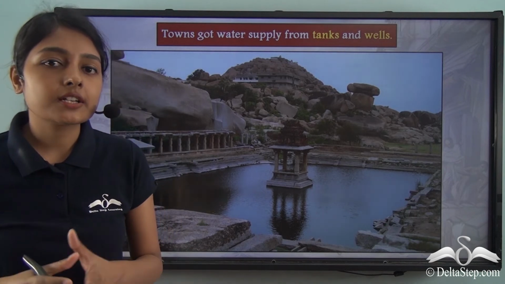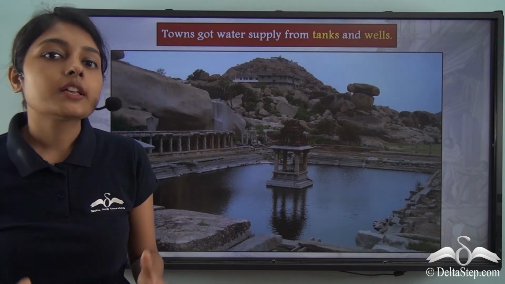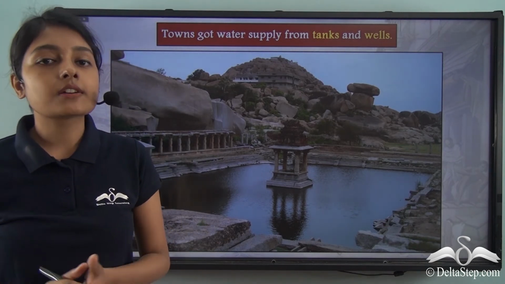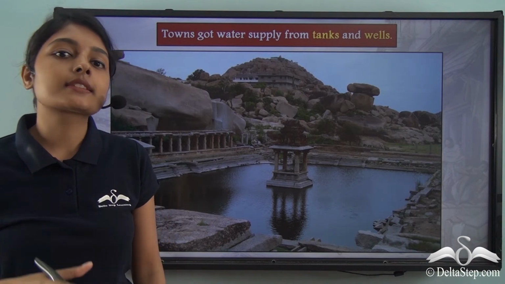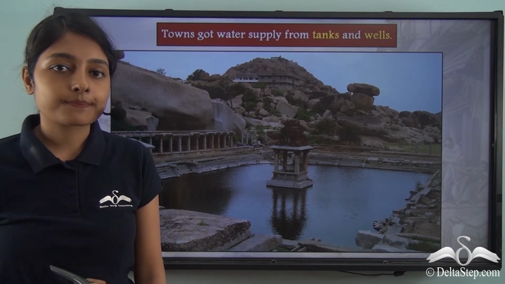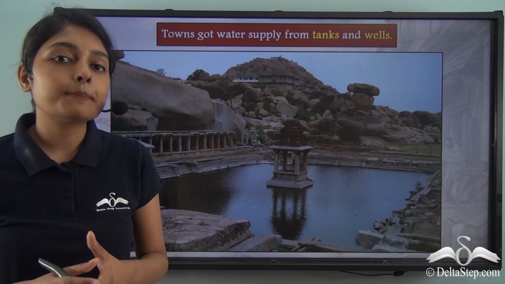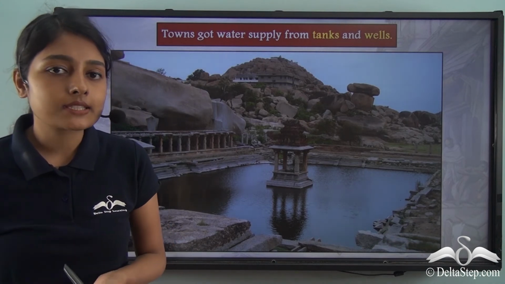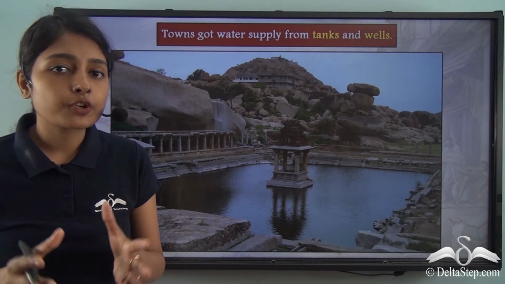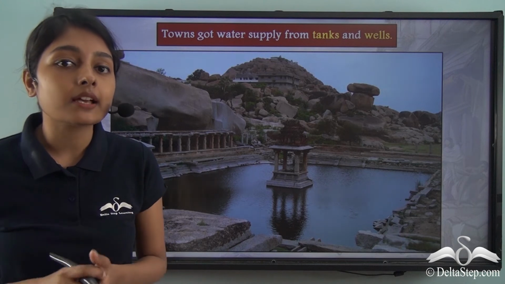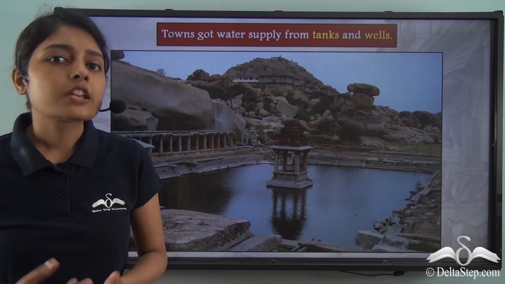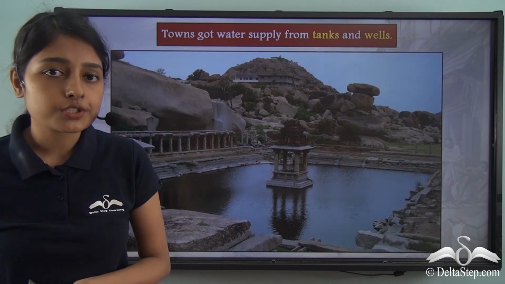By now we have understood the concept of temple towns. Temple towns were places where settlements grew around a temple. Now many people started settling in these temple towns. The first and foremost requirement to remain alive is water. Now from where did these people get water?